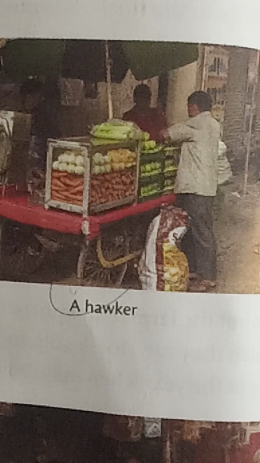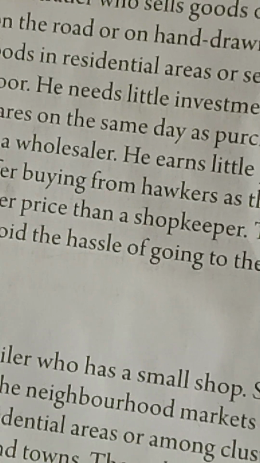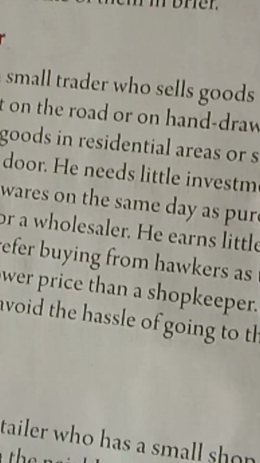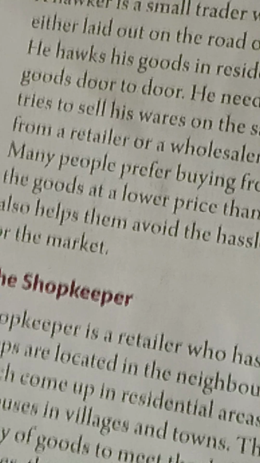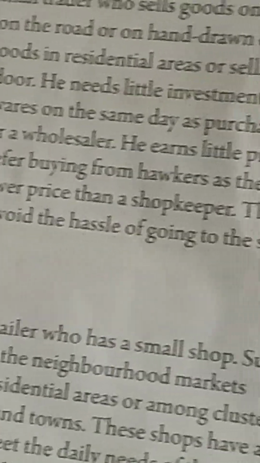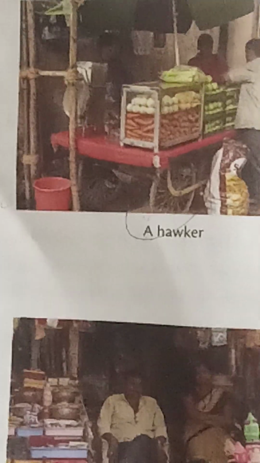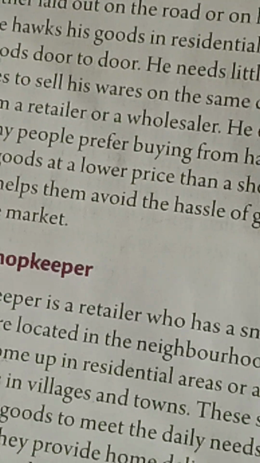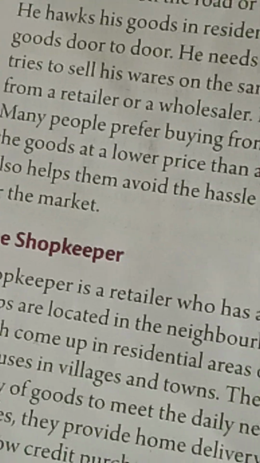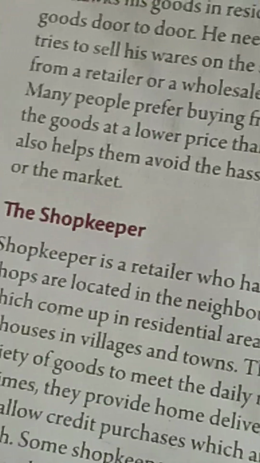Now we will learn more about hawkers. A hawker is a small trader who sells goods on streets, either laid on the road or on hand-drawn carts. You can see here he has a hand-drawn cart. He hawks his goods in residential areas or sells his goods door to door.